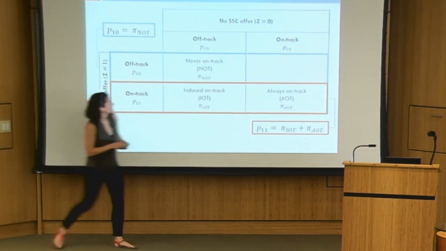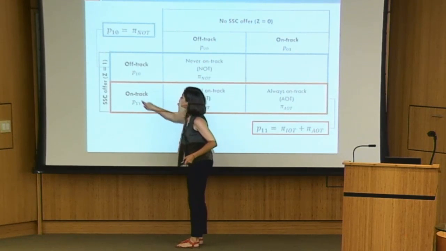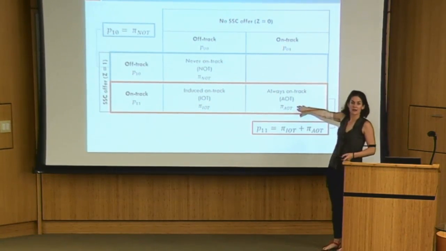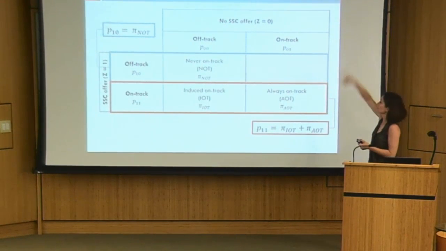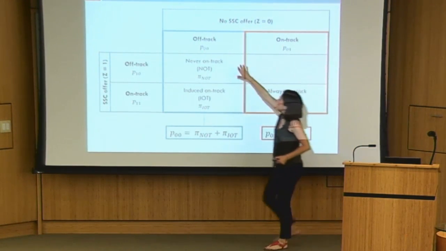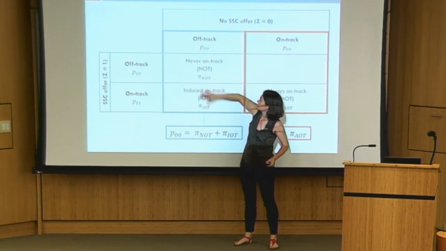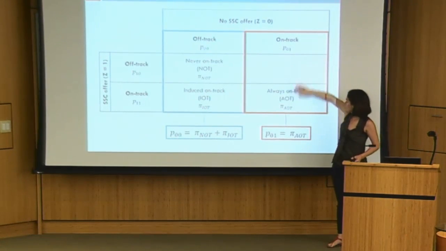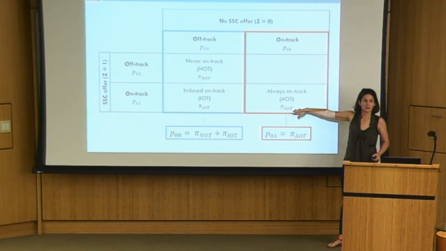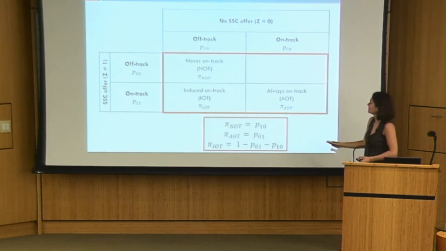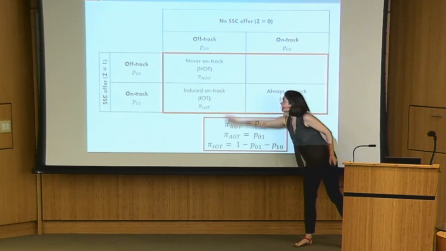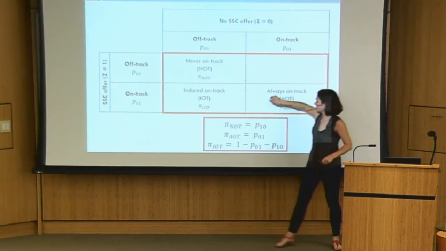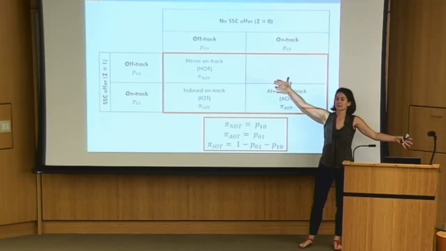Here, P11 is going to equal the sum of pi IOT and pi AOT. Similarly, we can go down the columns. P00 is the sum of these two, pi NOT and pi IOT. And P01 is just equal to pi AOT. So what that lets us do is write expressions for the share of students in each of these strata based just on the marginal information.